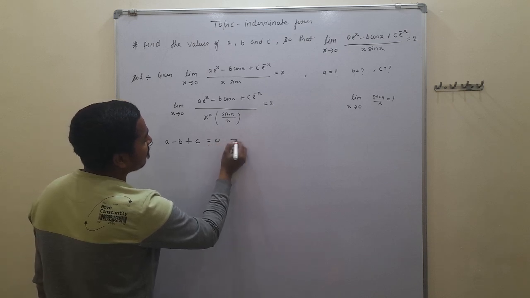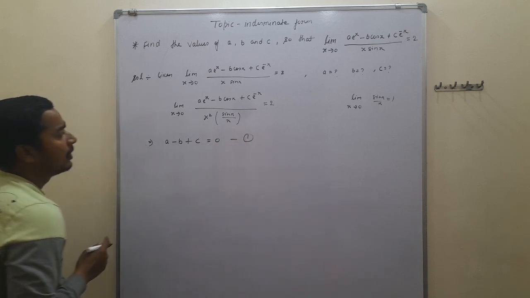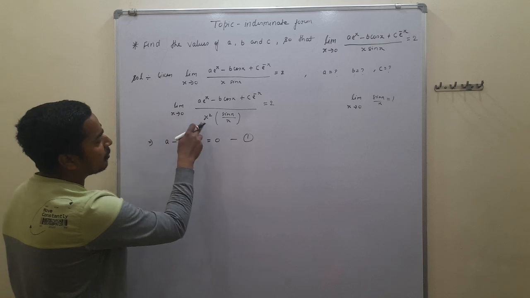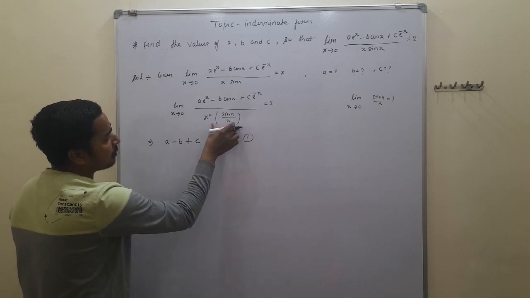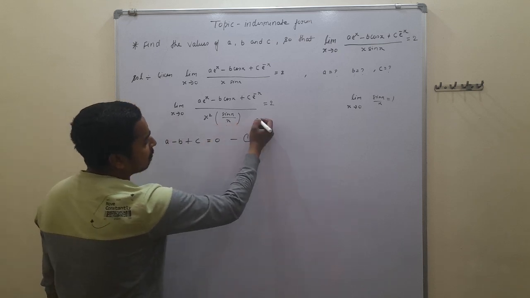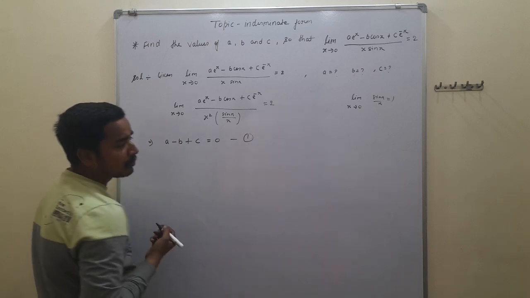Let this be equation 1. When we put the denominator also 0, this gives total 0, and multiplying with 2 gives also 0.